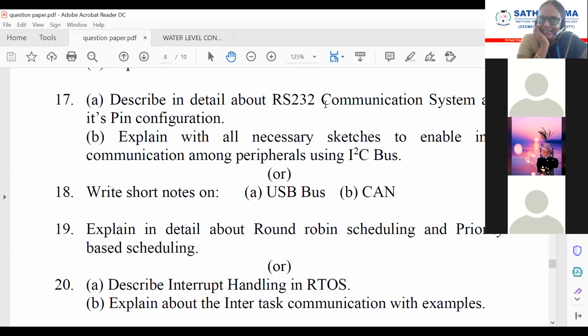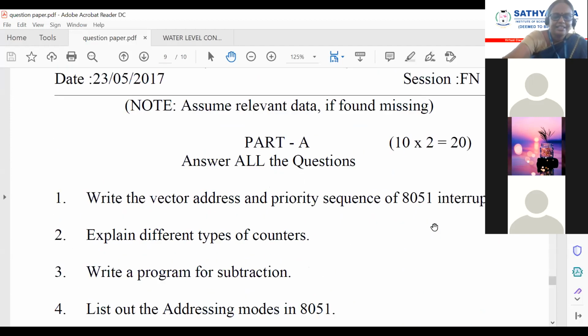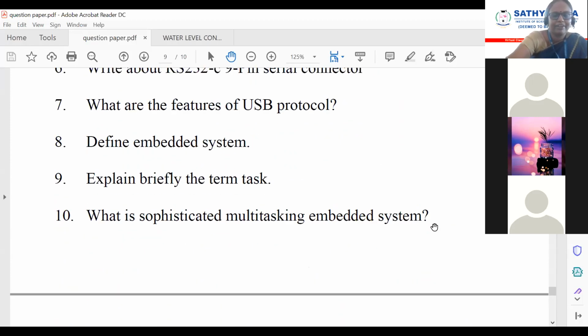CTS, clear to send. RTS, request to send. The ring indicator will be there. Carrier detect will be there. So you have to explain the pin configuration, or else the I2C, or else USB and CAN. You have seen they are asking about these protocols.